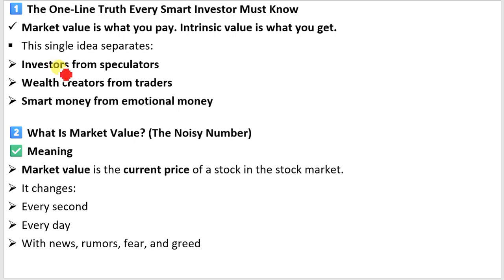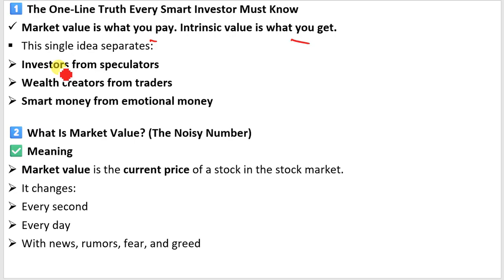First of all, we must know what market value is, and then IV. This is a one-line truth every smart investor must know. Market value is what you pay, and intrinsic value, that is IV in short, is what you get.